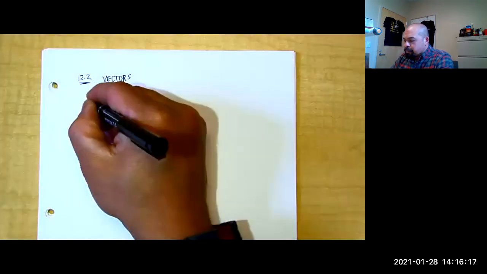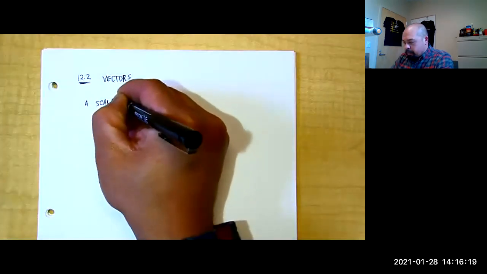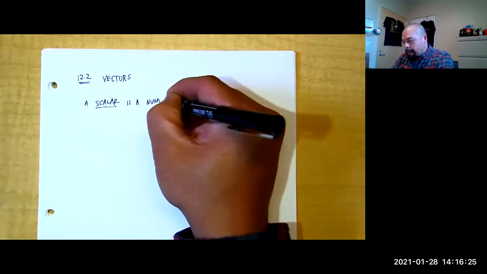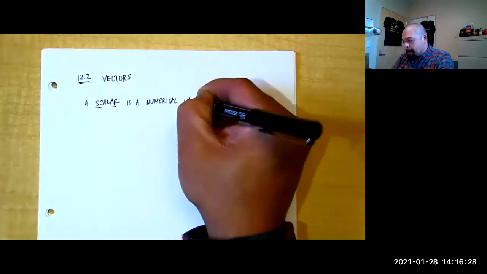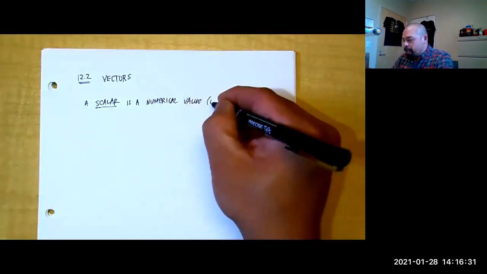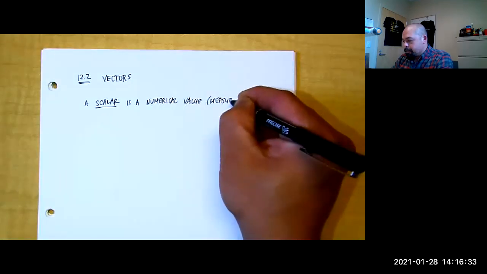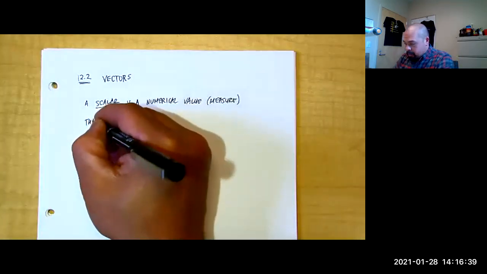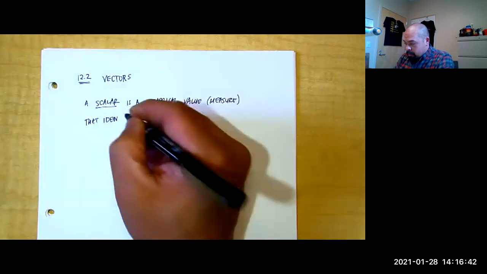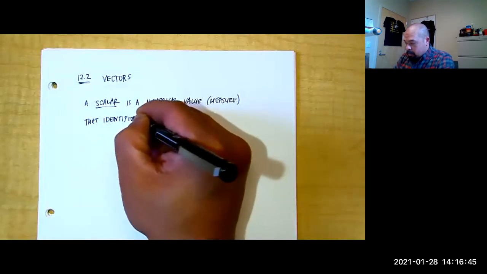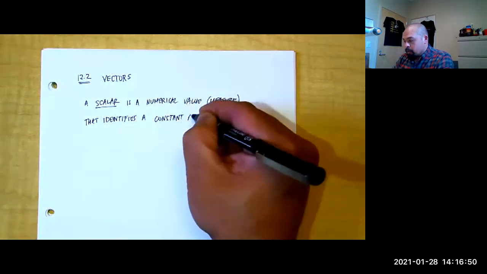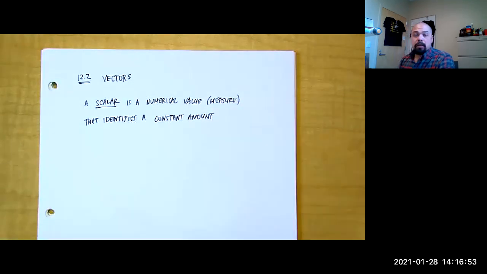So starting off, before we get into vectors, a scalar is a numerical value, a numerical measure that identifies a constant amount, value, result, but doesn't really have any other features to it, right?